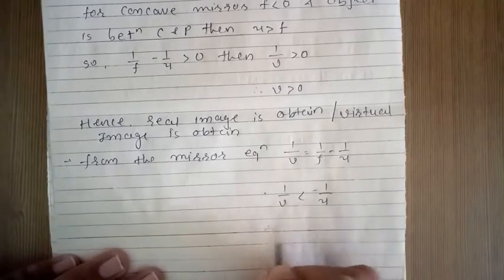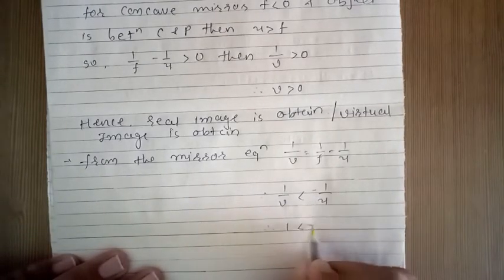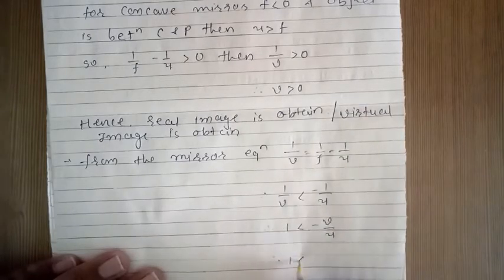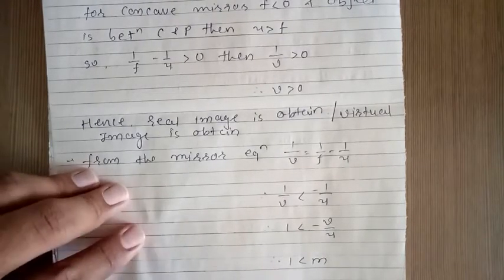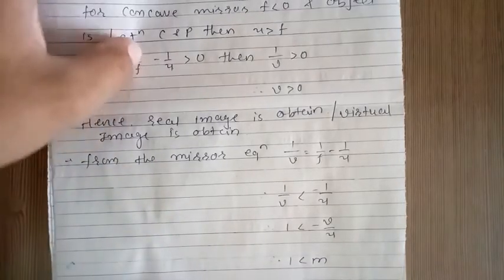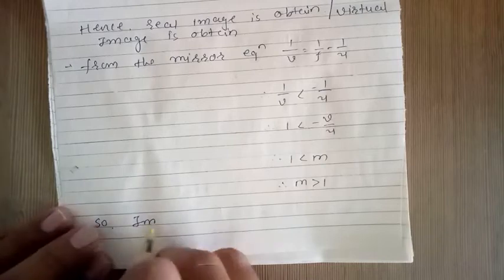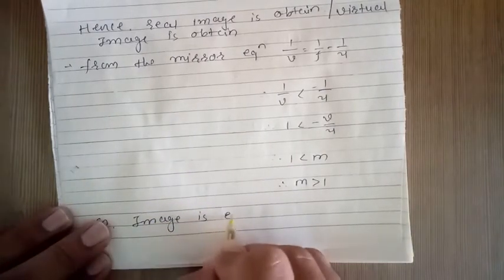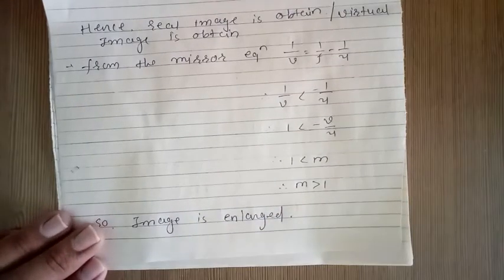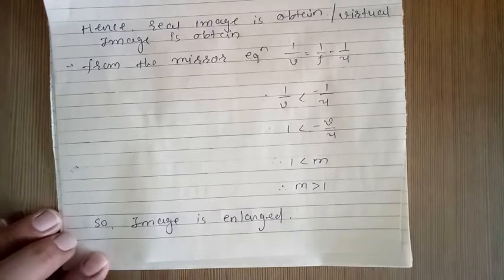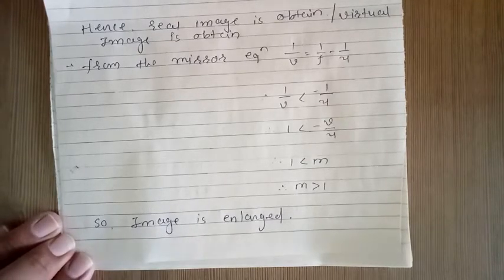So multiplying both sides by v, 1 is less than minus v by u, so 1 is less than m, or we can say that m is greater than 1. So the image is enlarged, right? Okay, so this is an important sum which is asked for 2 marks, 3 marks, 4 marks or 5 marks, right?